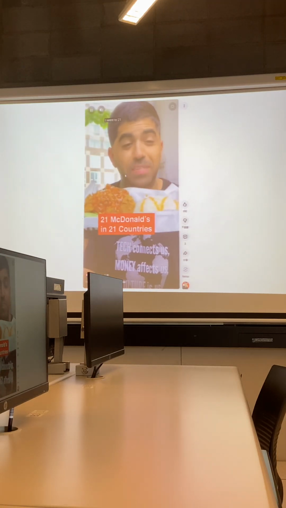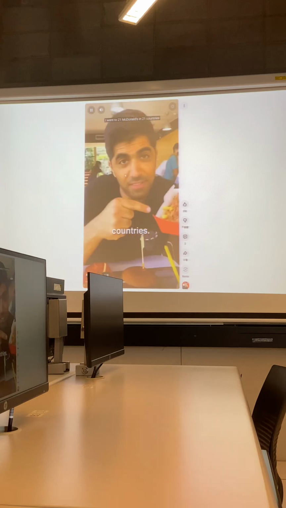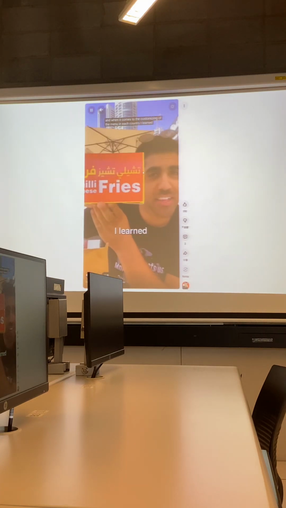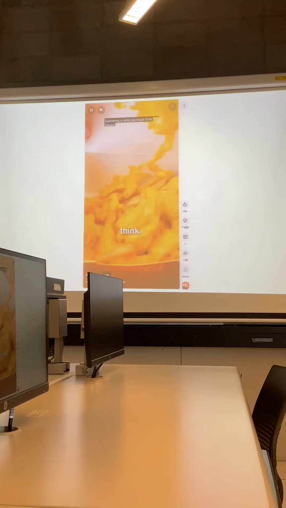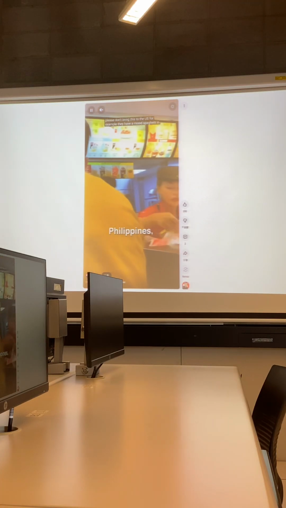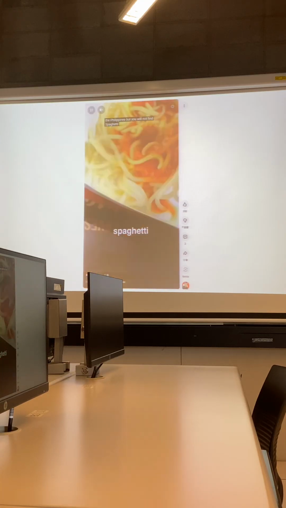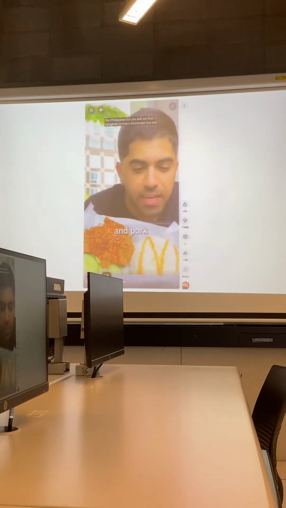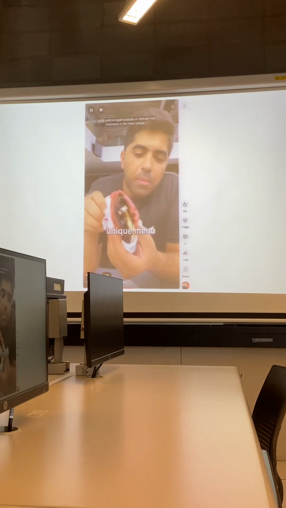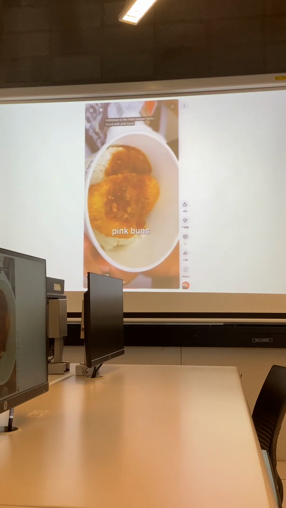I went to 21 McDonald's in 21 countries, and when it comes to the customizing, they say that even now McDonald's cannot globalize their menu. Like back in Indonesia, in my country, at McDonald's you can buy chicken with rice, and then we can eat the chicken together with the rice.